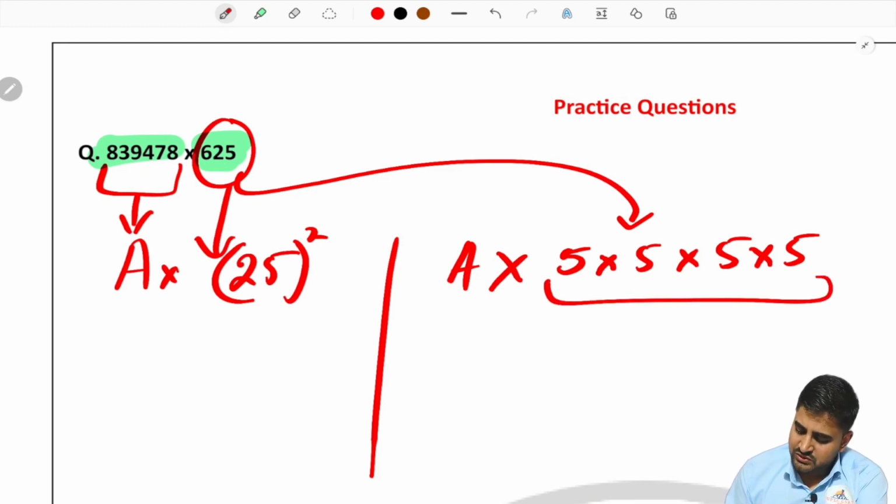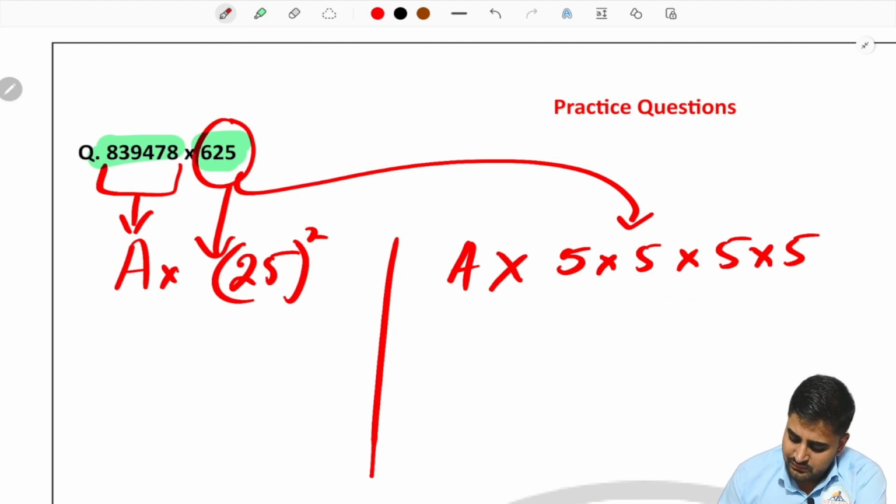That's the same thing. Basically what we have done is we break this 625 down as much as we can, and that's the last thing we have.